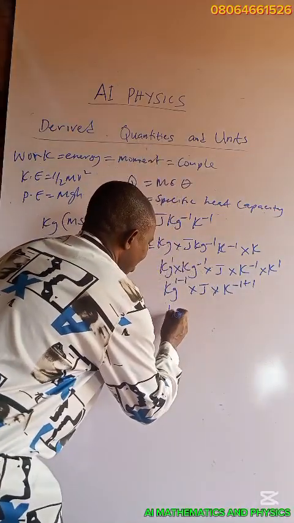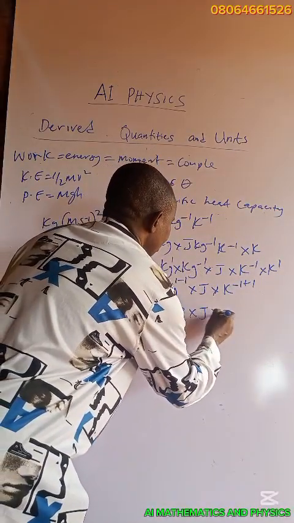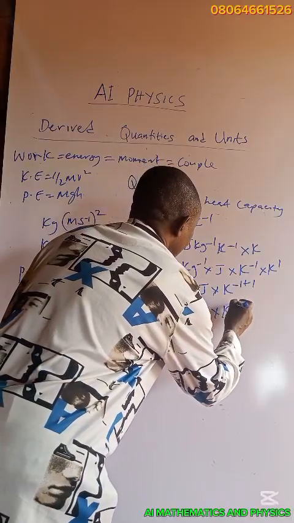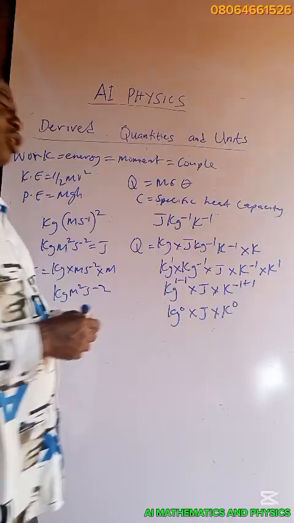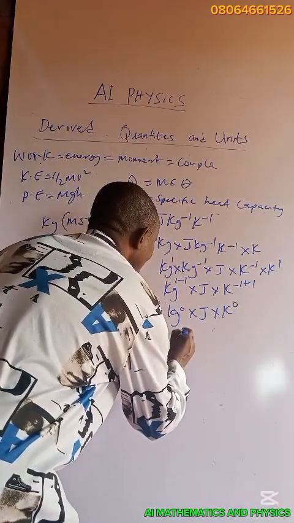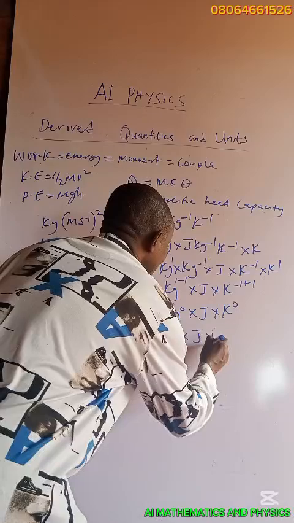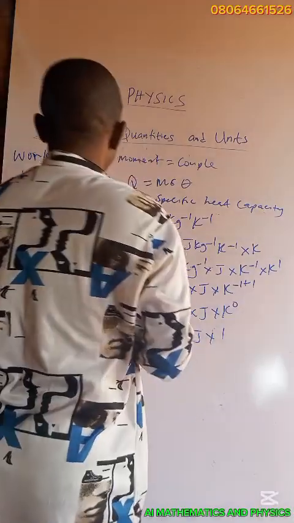This is kg raised to 0 times J times K raised to 0. By the law of indices, n raised to 0 is 1, which means Q will be equal to 1 times J times 1. That is, the unit is joule.